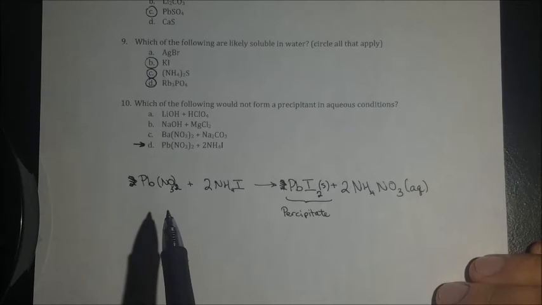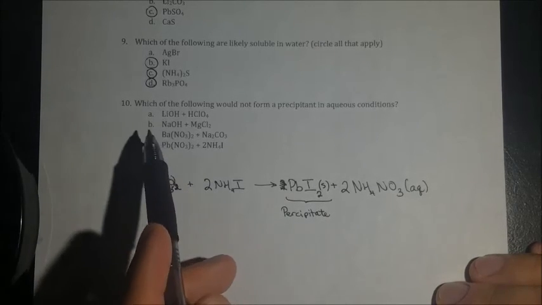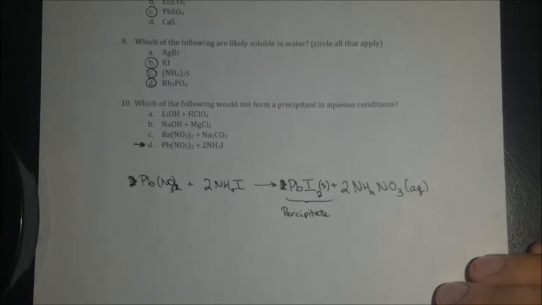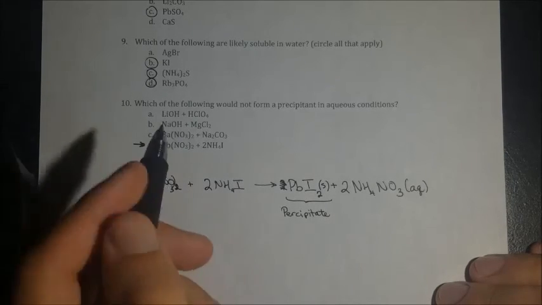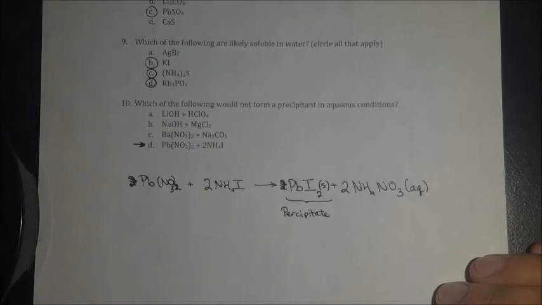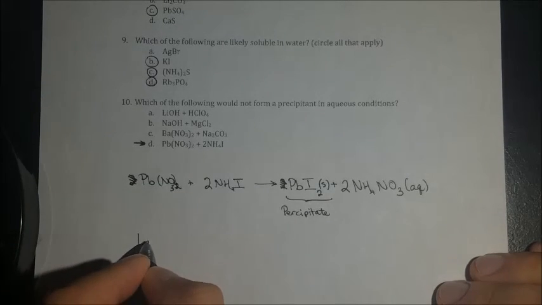But if you did a double displacement reaction for each of these, so you did it for this one, and this one, and this one, the only one that you would find does not have precipitates in its products would be this one, lithium hydroxide and perchloric acid. So let's take a look at that. Let's just go ahead and do this real quick.